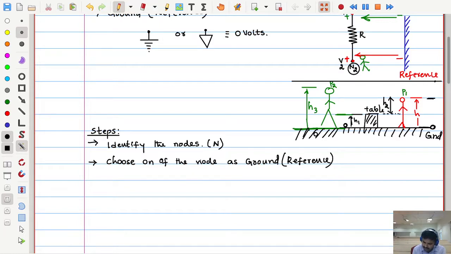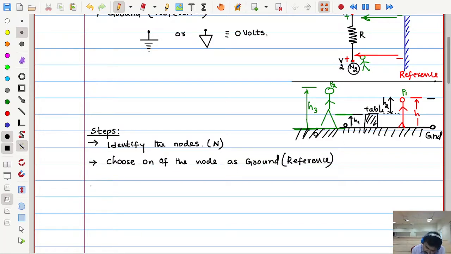So how many nodes are left out? We choose one of the nodes as a reference or ground. Then the remaining is n minus 1 nodes. One node is chosen as the ground node, so thereby the left out nodes are n minus 1 nodes. Those nodes we call non-reference nodes.